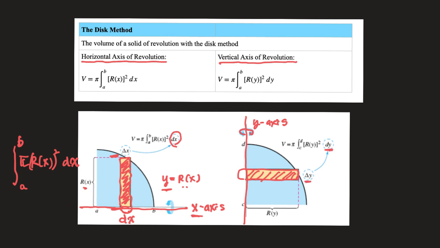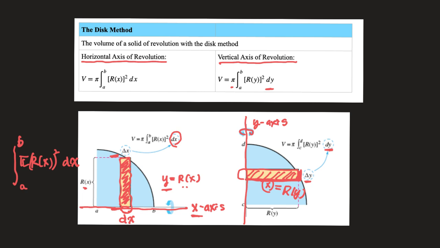That's the small base, or height, for the disk. The radius is from the axis, which is the x value, here r of y. That's the radius. So pi r of y squared dy. That's the vertical axis of revolution, and this is the horizontal axis of revolution.